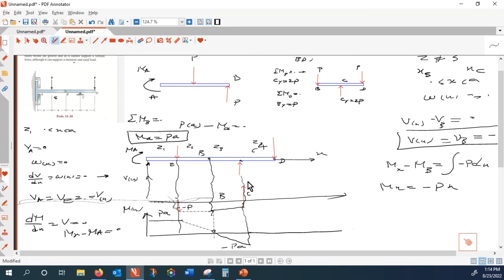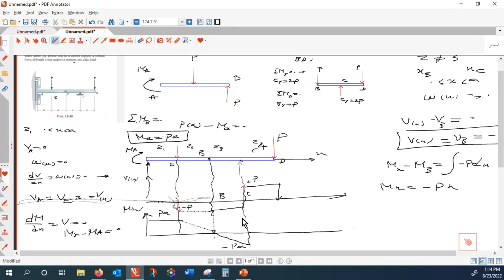So therefore, that point is plus P. And between C and D, the W of x is 0. Therefore, the shear remains constant. And suddenly, this one is P. So that one brings that to 0. So just starting from 0, going back to minus P, constant, going to the plus P, constant, coming back to 0.